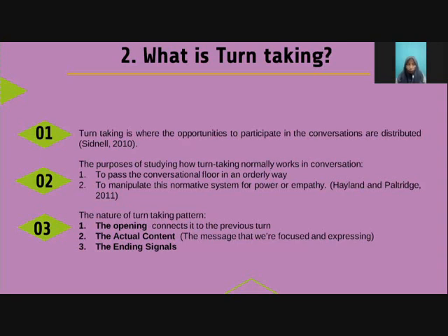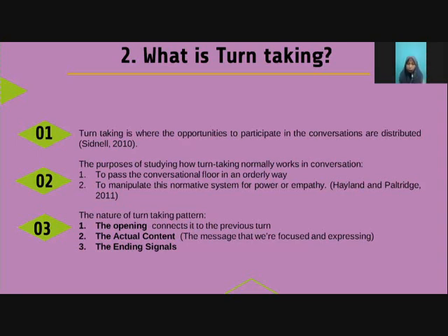It will result in a monotonous conversation, and the others, of course, only listen and listen without showing their ideas about the topic. That's why turn-taking is really important.